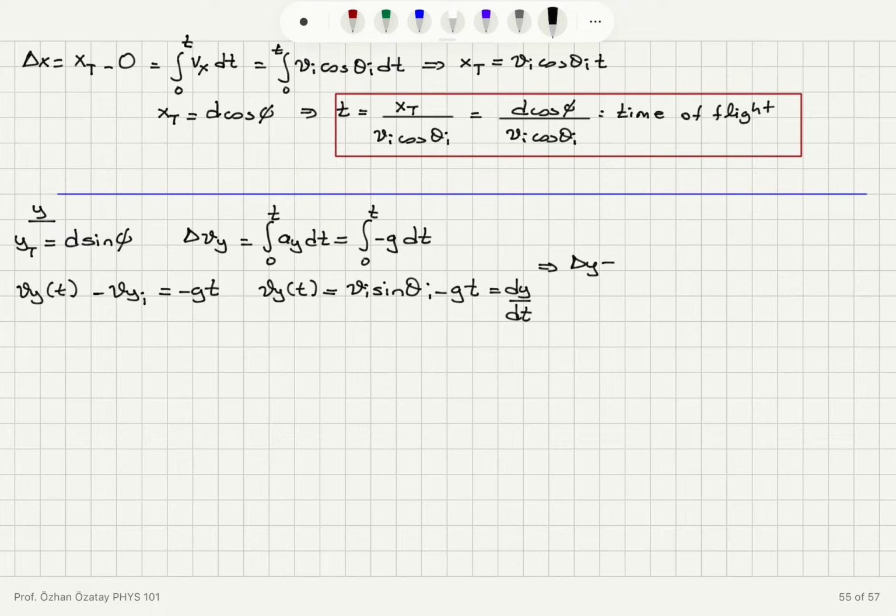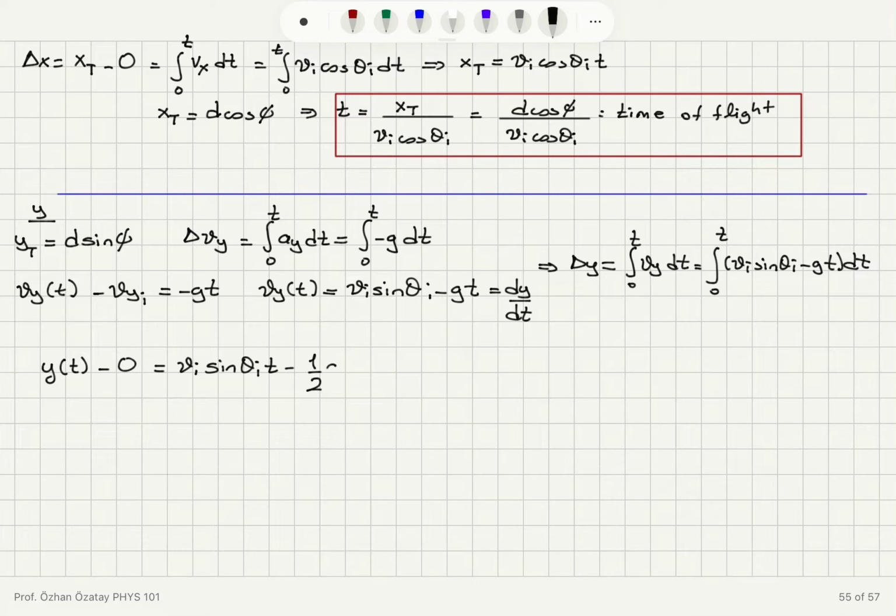Therefore, I can find delta y to be the integral from 0 to t of vy dt, which is the integral from 0 to t of vi sine theta initial minus gt dt. So I find that y at time t minus 0, because it starts from the origin, is the integral, which gives me vi sine theta initial t minus 1/2 g t squared.